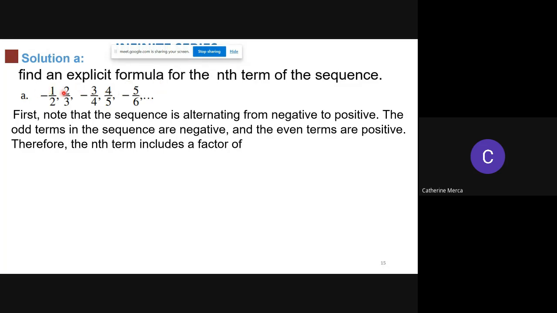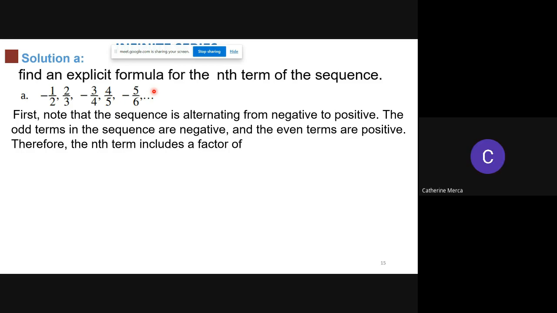So 1, 2, 3, 4, 5, and then you have here 6 over 2, 3, 4, 5, 6, 7. Right? Then it is positive. Again, what is the 6th term? 6 over 7, positive.